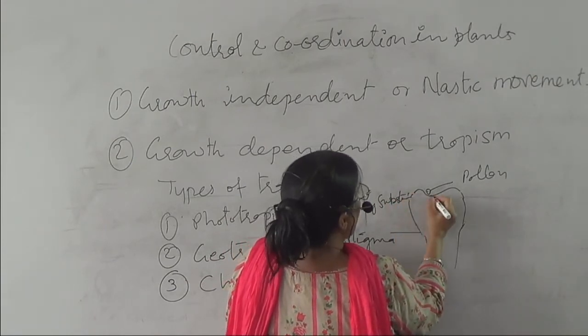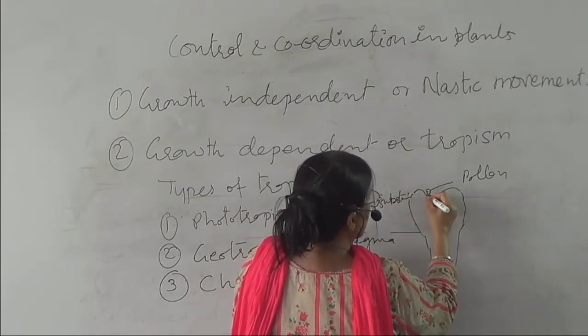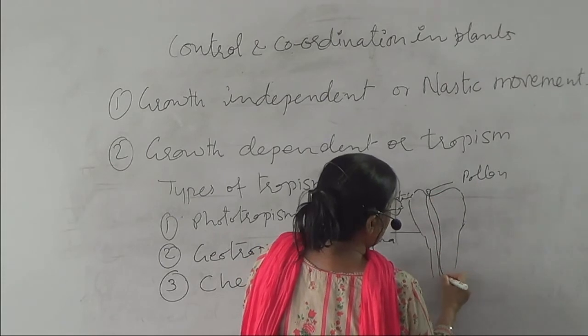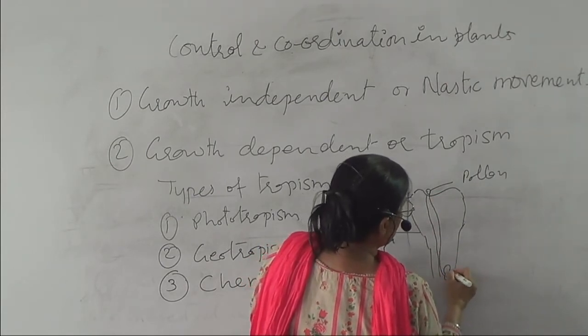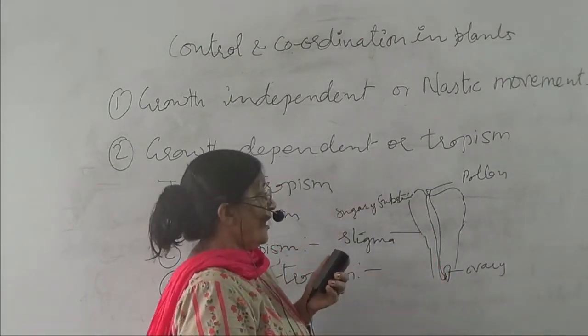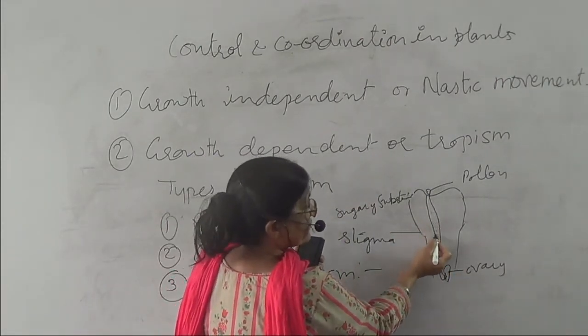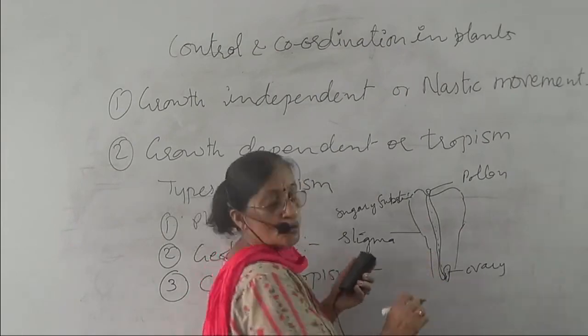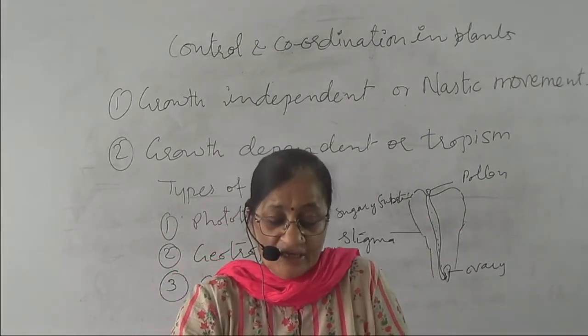Due to that, pollen forms a pollen tube that reaches up to the ovary and enters it, and through it the pollen grains can enter into the ovary. So this is the chemotropism.